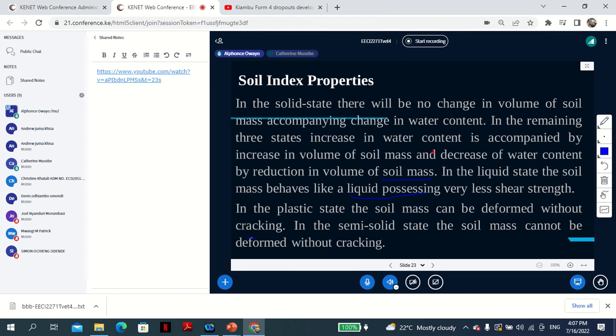Those are just some of the behavioral characteristics that distinguish the states. In a liquid state, the soil more or less acts like a liquid, so the shear strength is close to zero.